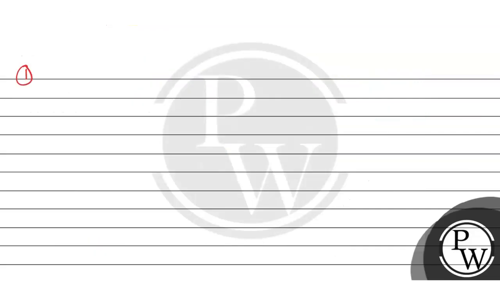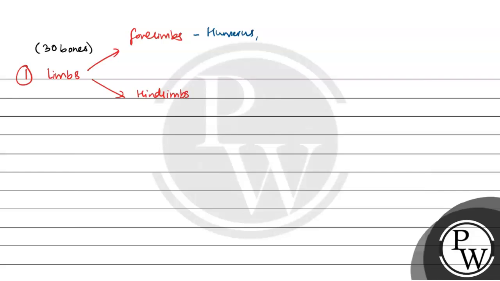सबसे पहले appendicular skeleton में आता है limbs. Limbs, as we know, is divided into forelimbs and hind limbs. Both forelimbs and hind limbs contain 30 bones each. Basically, limbs में जो है 30 bones present होते हैं. The forelimb consists of humerus, radius, ulna.